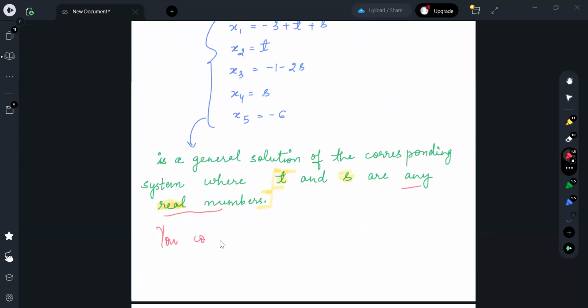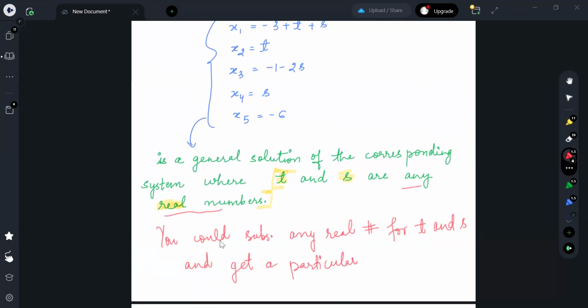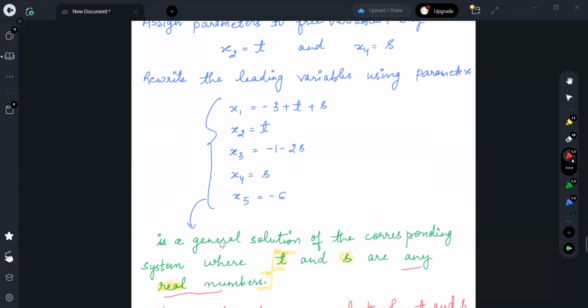You could substitute any real number for t and s and get a particular solution, which is more useful when you go into higher calculus, where they need to find particular solutions for differential equations.